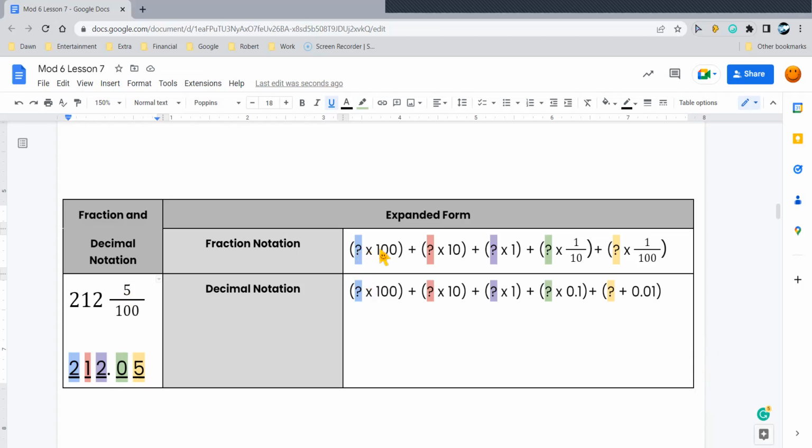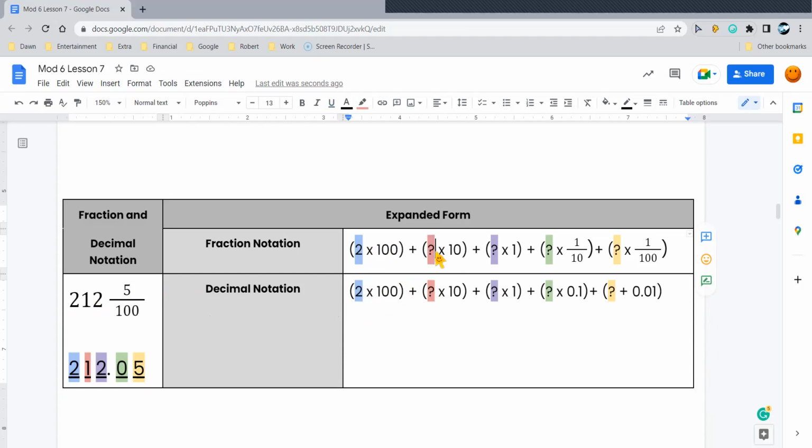I need some number multiplied by 100, and I see that that's 2. So 2 times 100 gives me my 200. I'm going to write that in fraction notation and decimal notation. Now I need to figure out what's multiplied by 10, and I see that I have a 1.